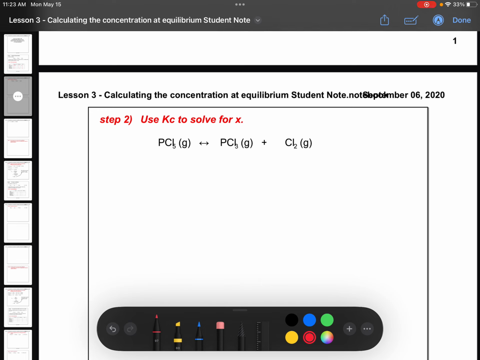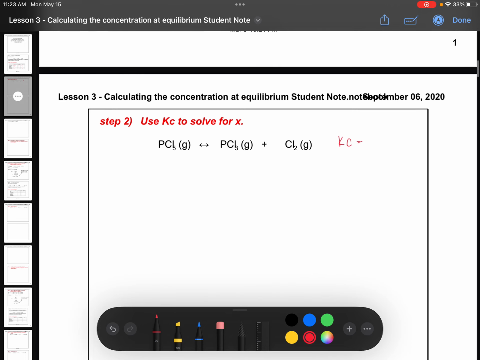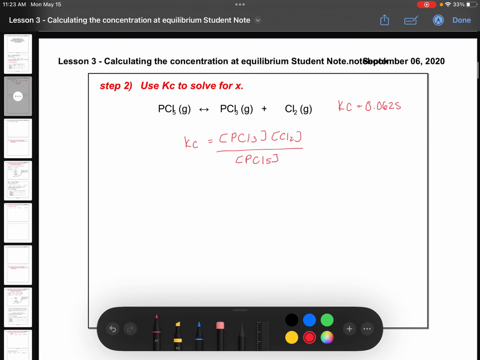So given our table filled in, we can answer step 2. So using the Kc solve for X. So we know our Kc, we were told our Kc is 0.0625. So therefore, we have to write out our formula. So our Kc is going to be our products on top, PCl3, Cl2, divided by our PCl5.